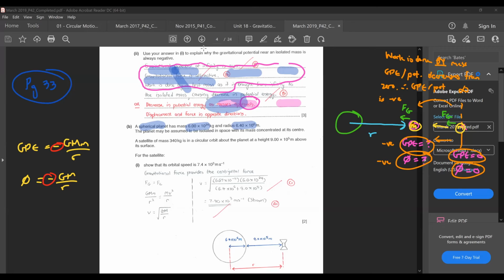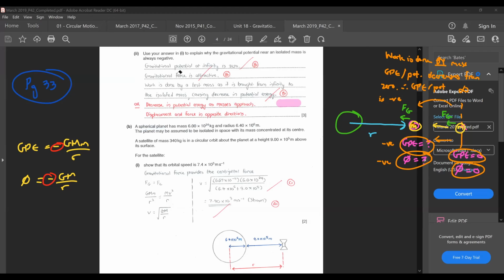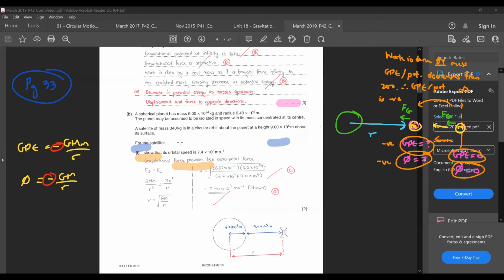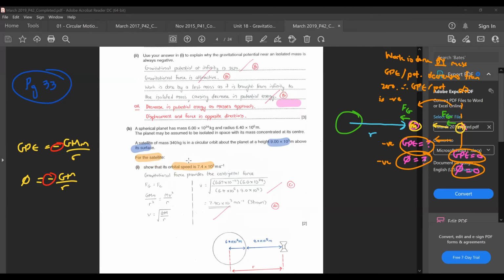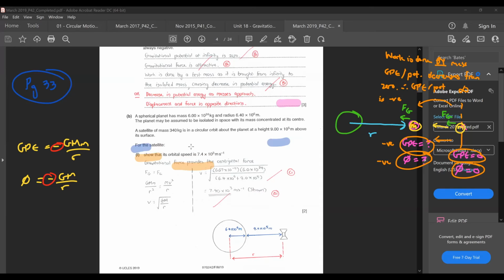A satellite of mass 340 kg is in circular orbit about the planet at a height of 9 times 10 power 5 meter above its surface. Now for the satellite, show that its orbital speed is 7.4 times 10 power 3 meter per second. They want you to show that the linear speed is that value here.